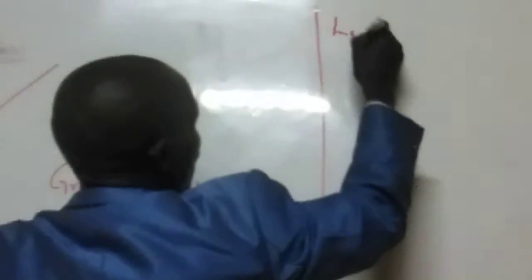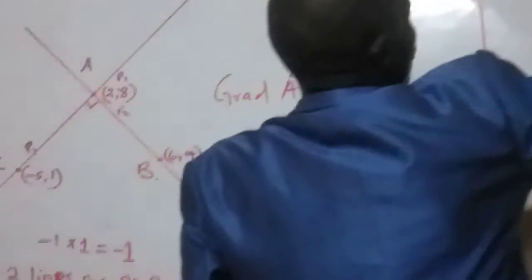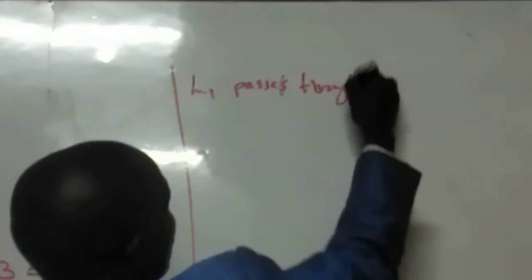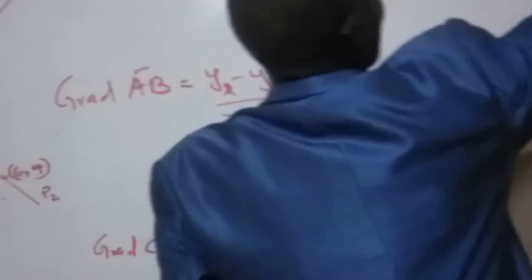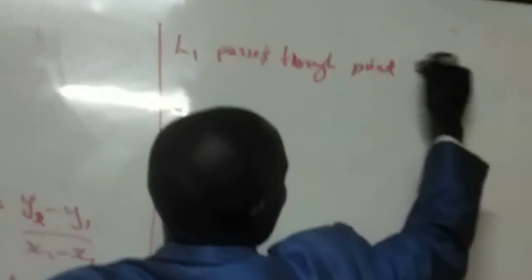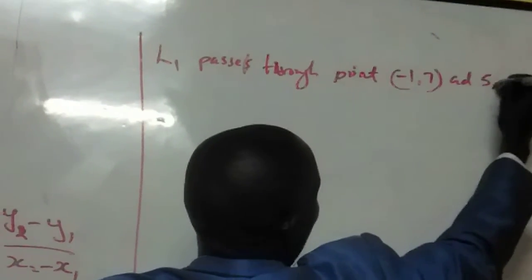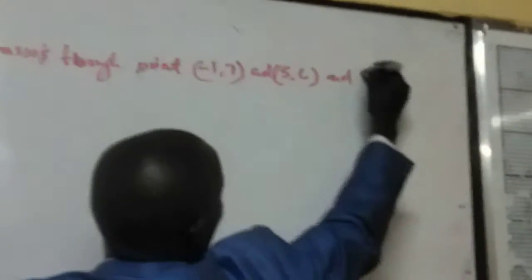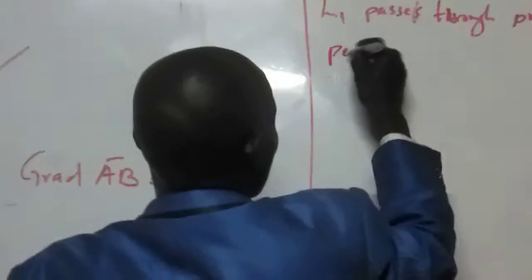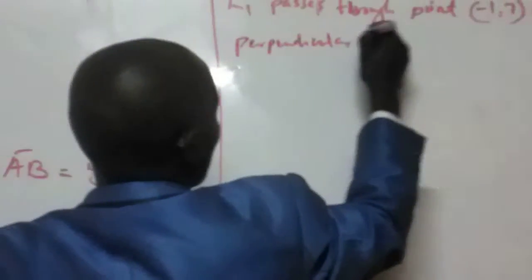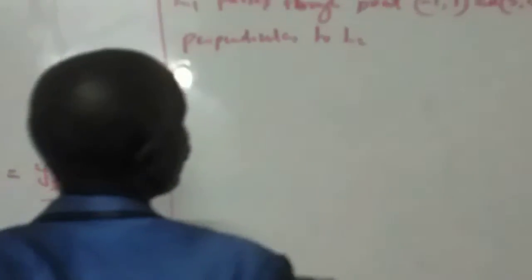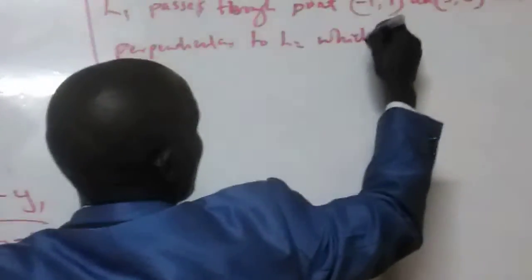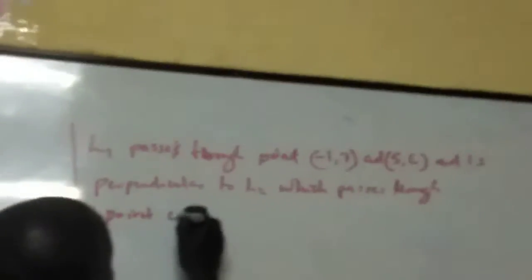A line L1 passes through points (-1, 7) and (5, 6), and is perpendicular to line L2, which passes through point (0, 1).